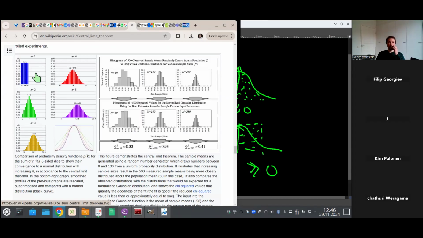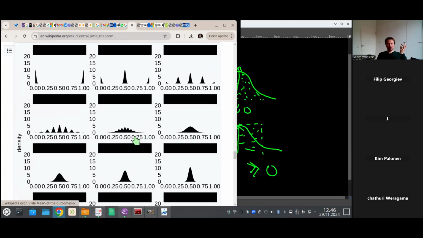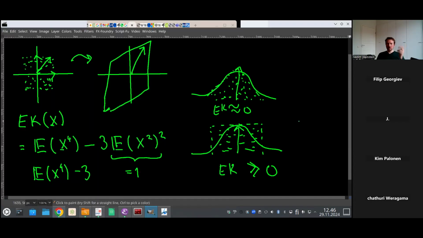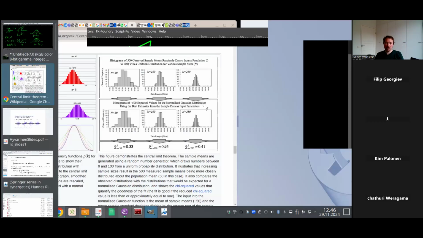You can see one uniform variable, two uniform variables, three uniform variables. With three uniform variables, you're almost indistinguishable from a normal distribution. So this is why kurtosis is such a powerful tool for detecting independence.